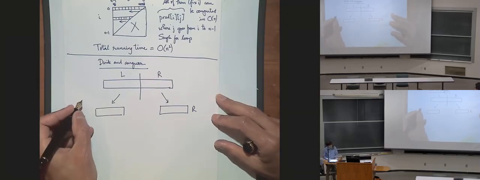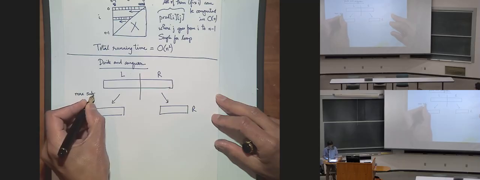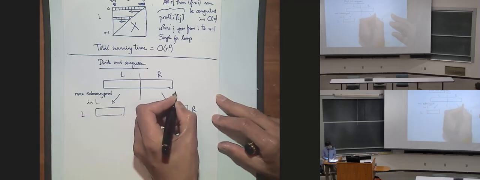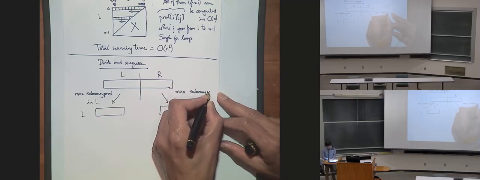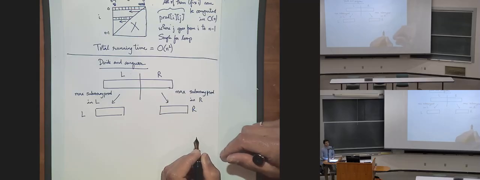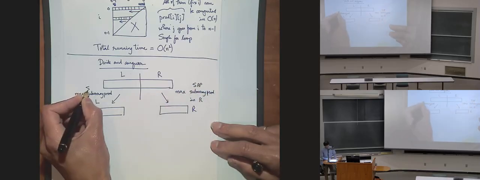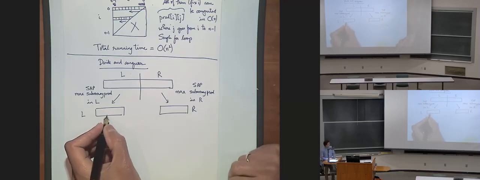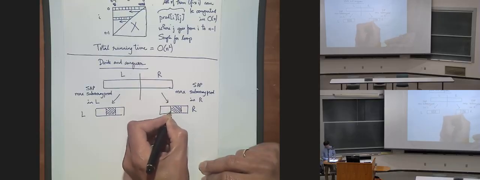What this is going to do is we can get the max subarray product in L, and from here we get the max subarray product in R. Okay, and so that I don't have to write this over and over again, I'm just going to call it the max subarray product, the SAP. So I got it in L and I got it in R. So this is probably going to be something here and something here.